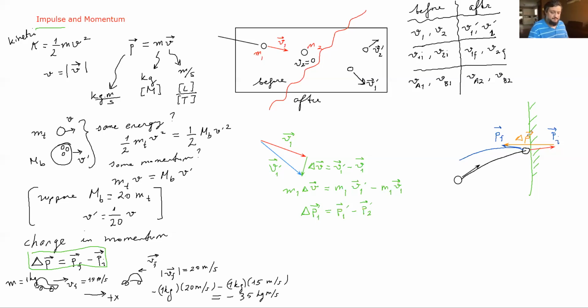So let's solve a problem. Let's say a basketball player. Here's a basketball player. An example. All right. So here's the basketball. Throws it this way. And I'm going to draw the floor here. All right.